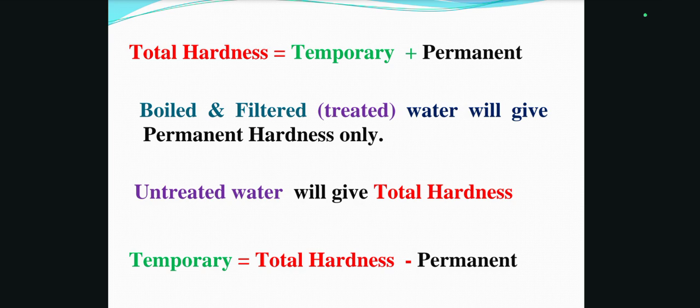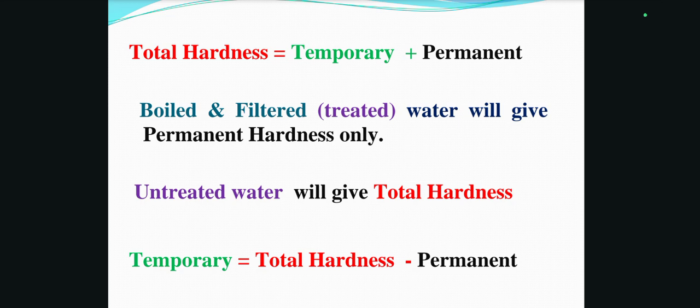So dear students, if you take the boiled and filtered water sample for titration, then that boiled and filtered water sample will give you only permanent hardness. So if you want to find temporary hardness, then simply you have to subtract the permanent hardness value from the total hardness.